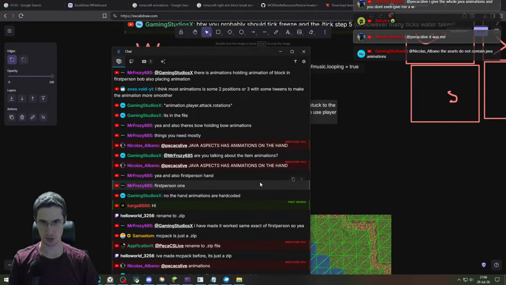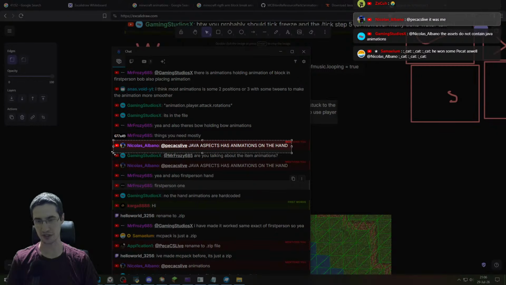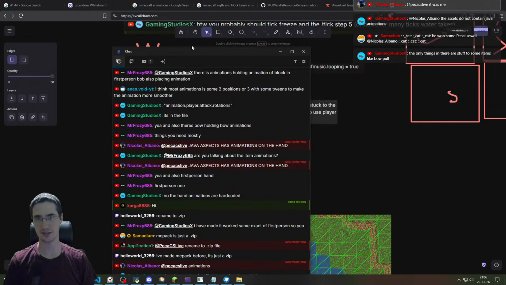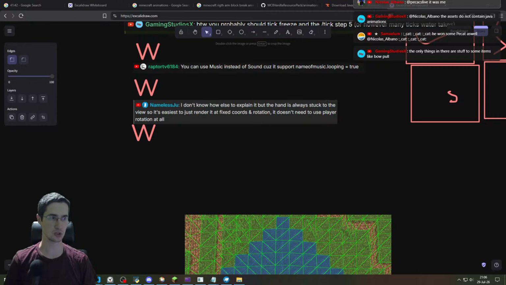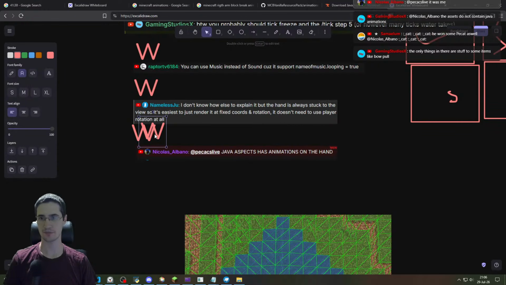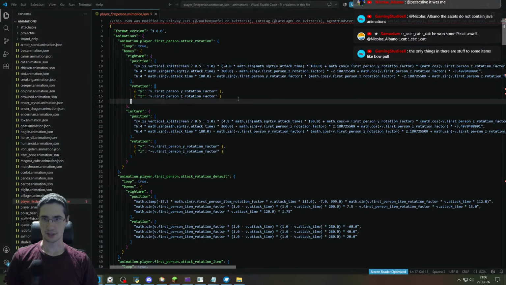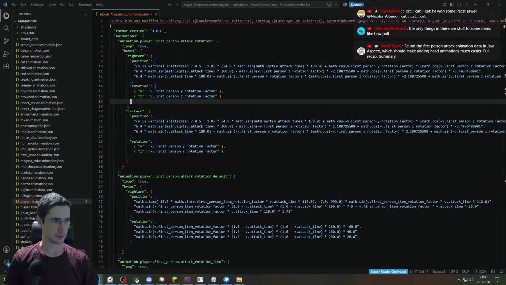Aspect has animation on the hand. This was actually helpful, because if he didn't say this, I wouldn't have looked at Java aspects. This was the comment that got me looking at it. Okay, let's try to use one of these.